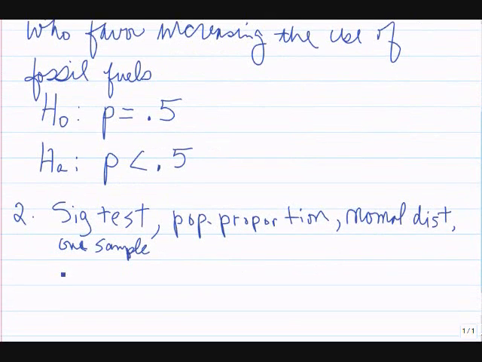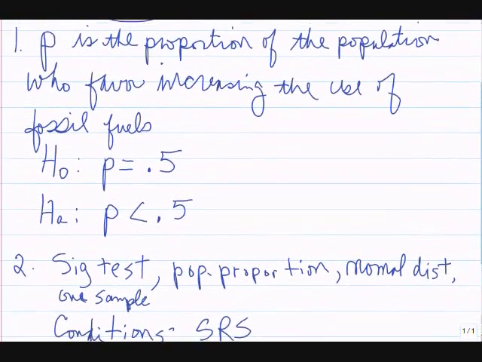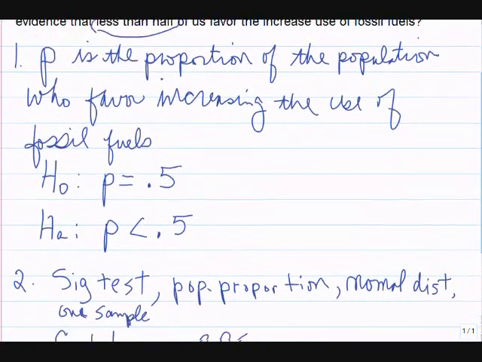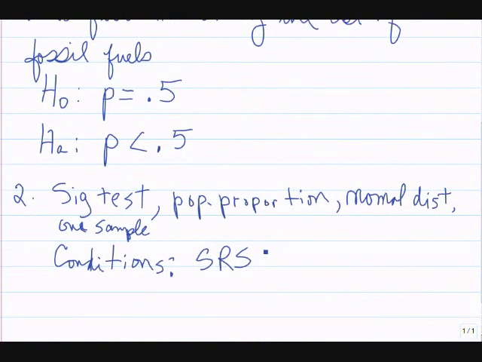Okay, my conditions. My conditions need to be that we have an SRS. This was done by a pollster. I guess we'll say sure, since the numbers are made up. So yes, I did do a simple random sample.